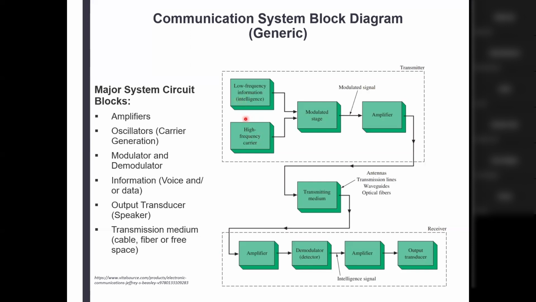Then when the carrier is modulated by that, the processing circuitry here is going to receive that carrier modulated with the intelligence, and internally is going to strip off the carrier, keep the intelligence, amplify it, and send it through the speaker. There you go. Simple system block diagram of telecommunications or communication.